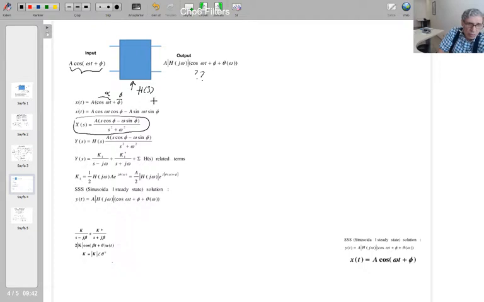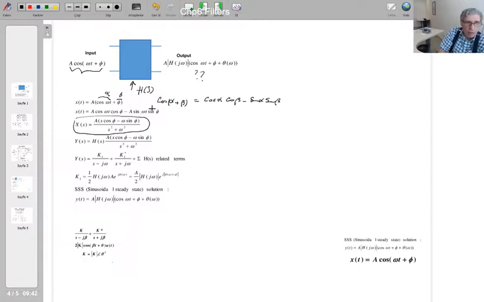There is a trigonometric relation that we already know: cos(alpha plus beta) is equal to cos alpha cos beta minus sin alpha sin beta. If we do so, here you are: cos omega t cos phi minus sin omega t sin phi. Since there is a coefficient A here, those two terms are multiplied by A.